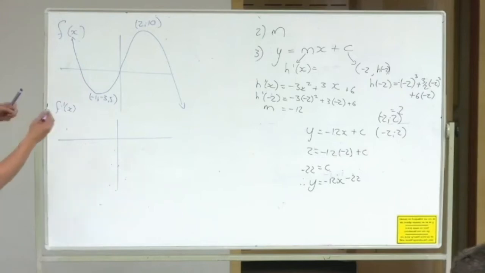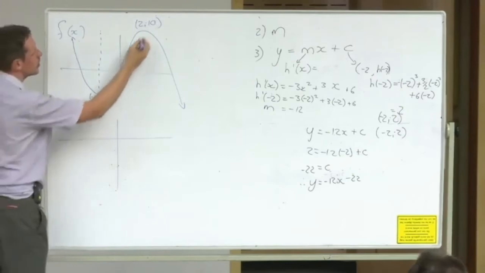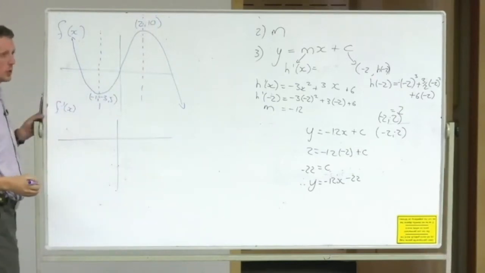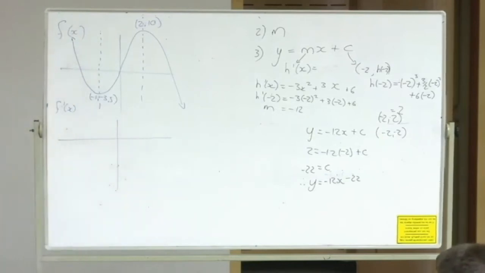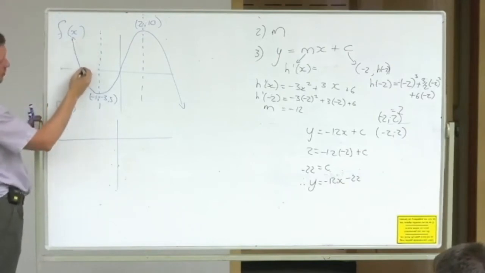So what am I going to do? I'm going to basically divide this part up into your turning points. Here, this is crucial that you understand it. The graph is going down.